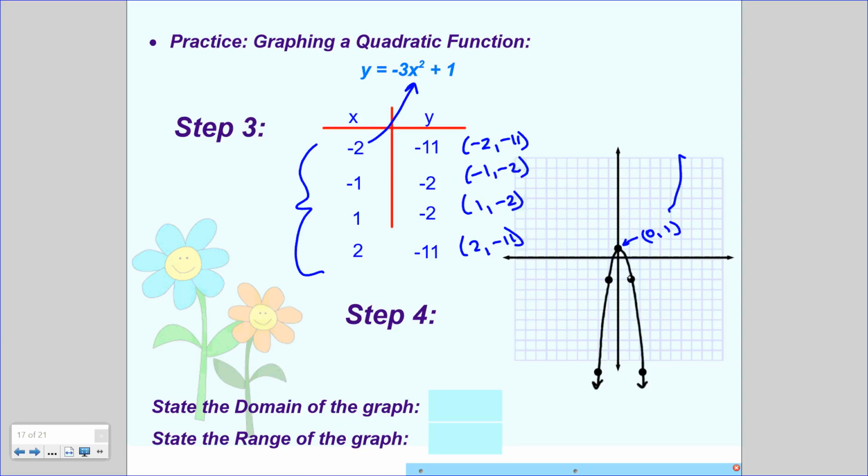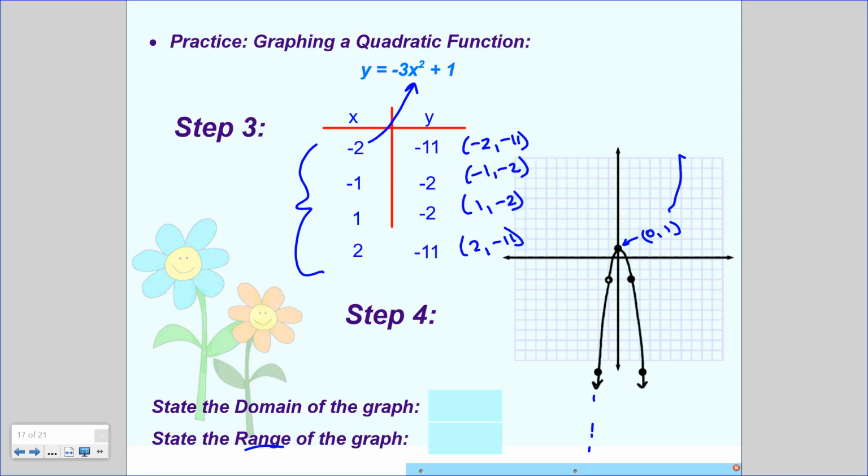The vertex is going to be really helpful for stating the domain and range of the graph, because we do, especially for the range, need to know what that highest or lowest point is on the y-axis. So the domain, hopefully you're noticing, while it will be slow, this will continue on opening outwardly onto infinity.